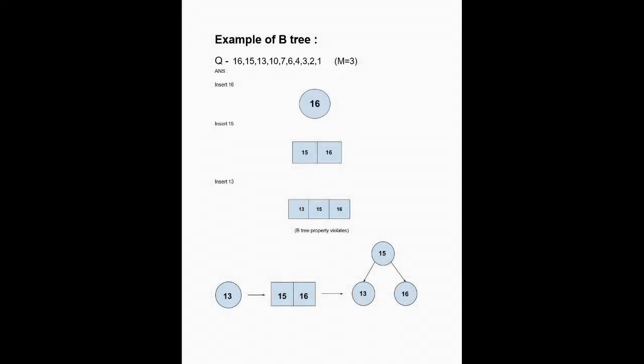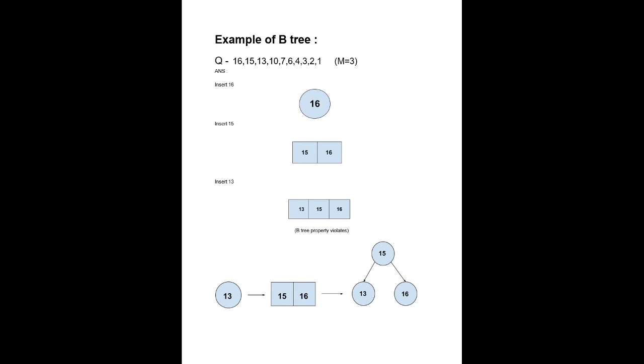So here is the example of a B tree of order m equal to 3. The question is 16, 15, 13, 10, 7, 6, 4, 3, 2 and 1. First we insert number 16. The second element is 15, which is less than 16, therefore it will be on the left of 16.